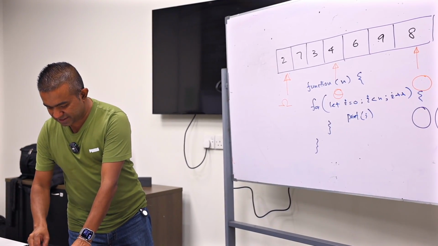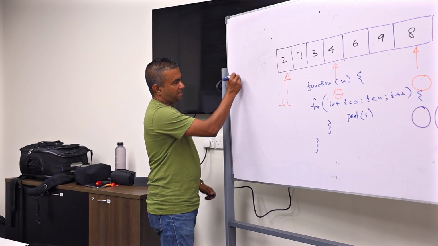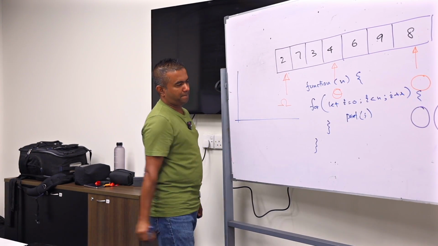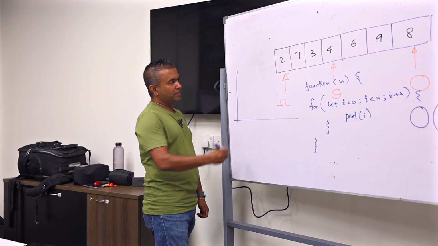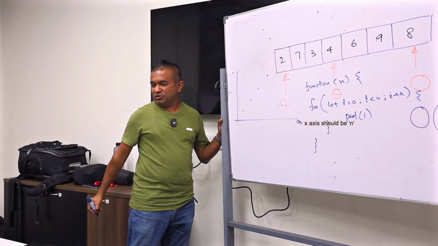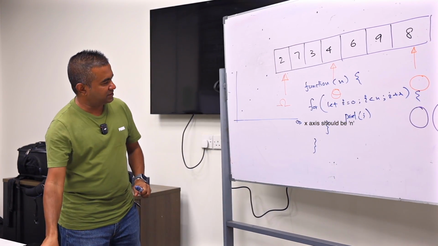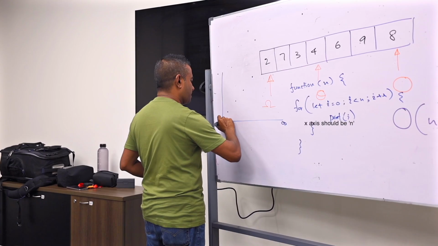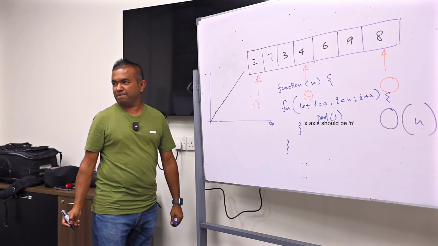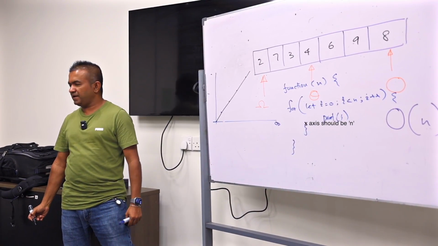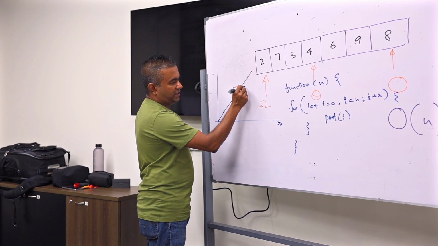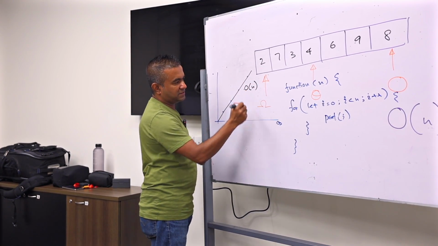You need to see this. Let us say we graph this: the value and the operations. So you will see it goes like this. Right. We have different names for this, we can discuss it later.